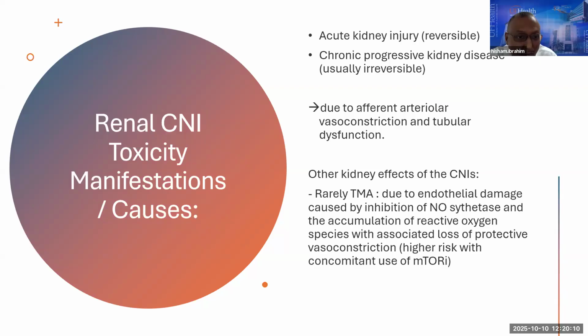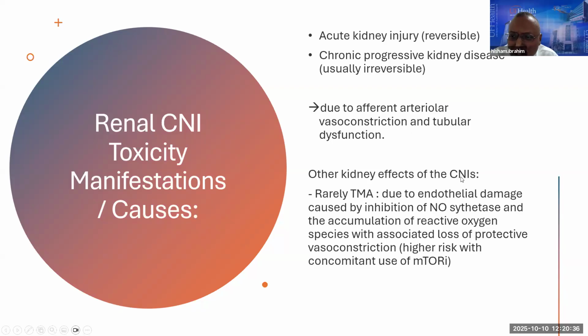You hydrate them a bit, you hold the dose, and the patients usually recover. The chronic ones are the most insidious and the more dangerous variety, and both are due to a combination of afferent arteriolar vasoconstriction and tubular dysfunction. We'll talk about the pathogenesis of these in a second.